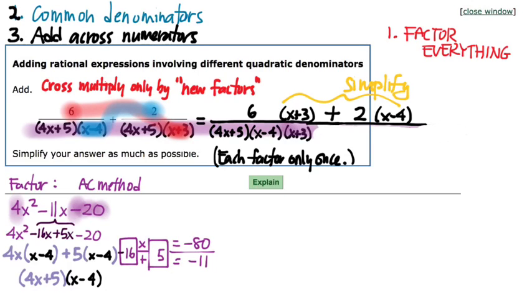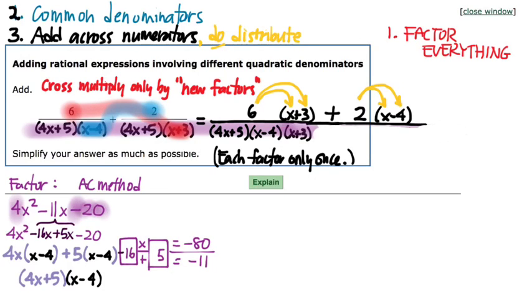In fact, if I wanted to simplify this numerator, what should I do with 6 times x plus 3? I'm going to want to get rid of the parentheses by distributing the 6 and distributing the 2. This is the point in the process where we do want to distribute multiplication.